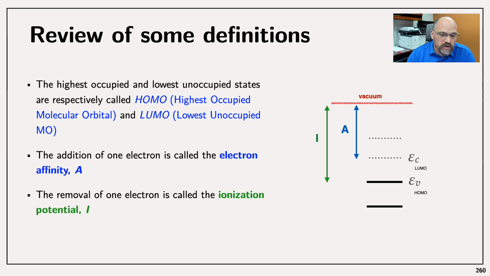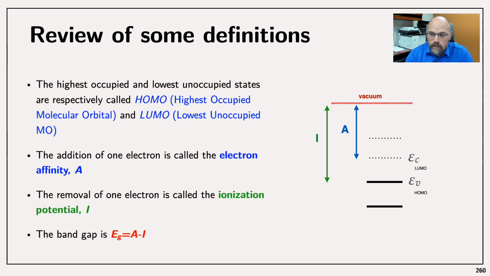And of course, we talked about the band gap. The band gap is the energy between the highest occupied molecular orbital and the lowest unoccupied molecular orbital, or the energy between the valence and conduction bands. I am not going to use all the words going forward, but you see now the difference between the two.